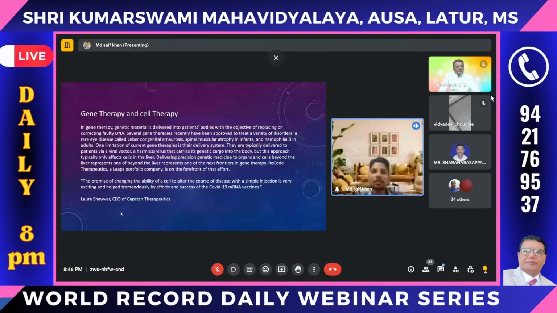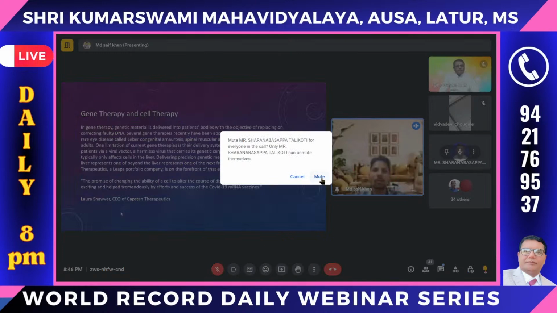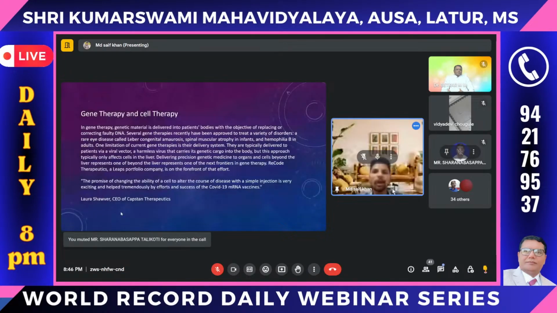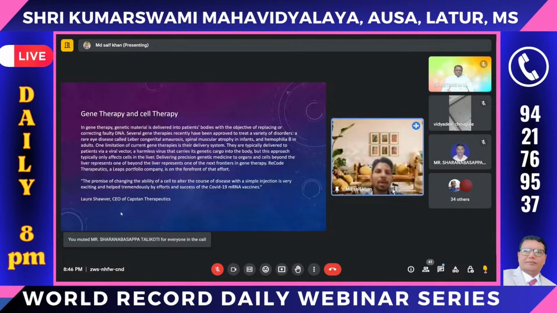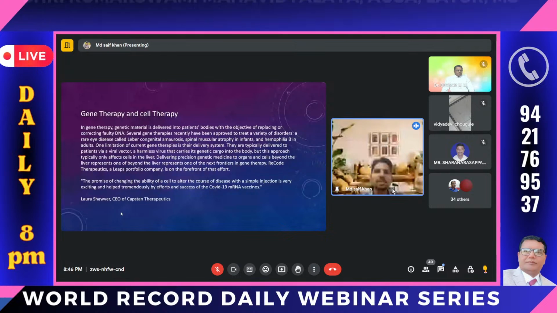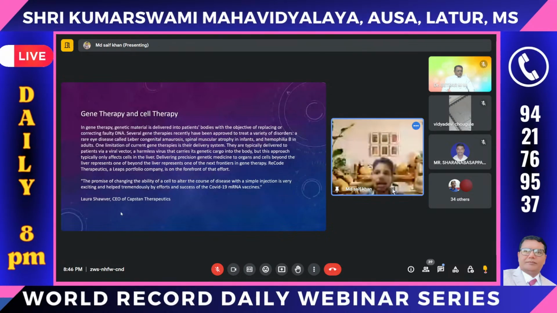But this approach typically only affects the cells in the liver. Right? Next is synthetic biology.